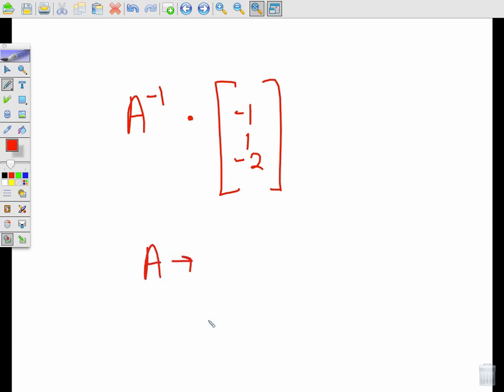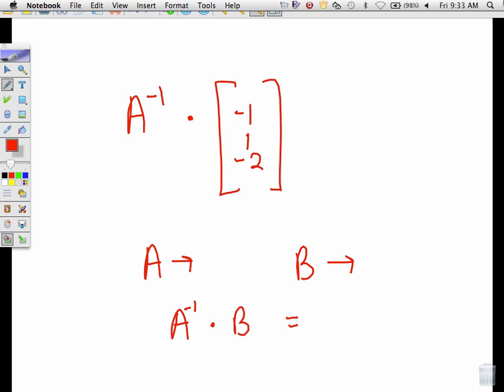You can do all of this in your calculator. You would do matrix A, enter all the elements, matrix B, enter all the elements, and then do inverse A times B. And that will also give you the x, y, and z values.